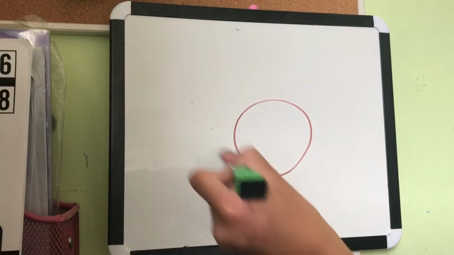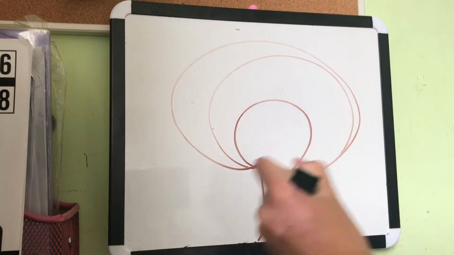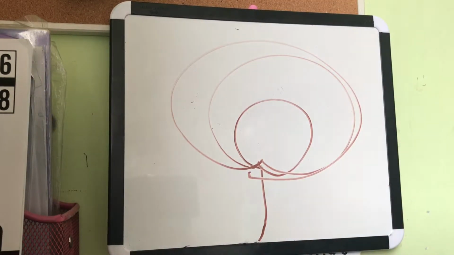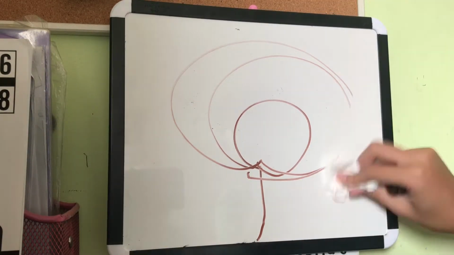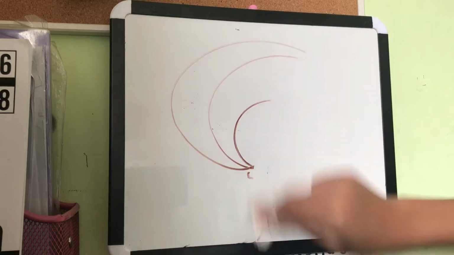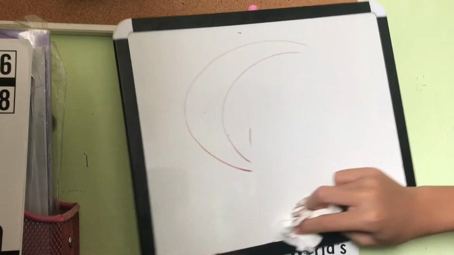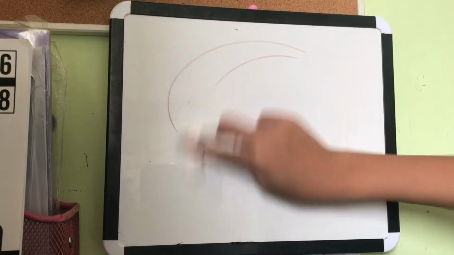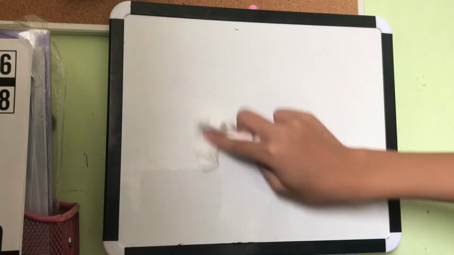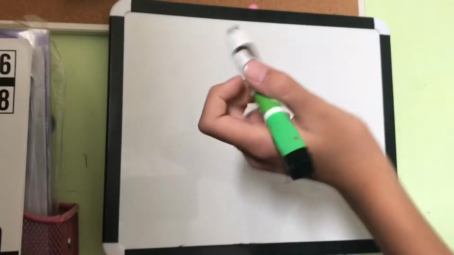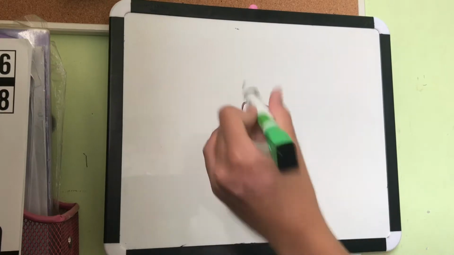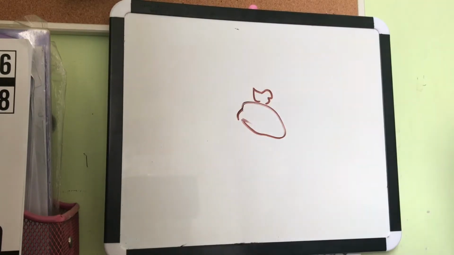It will start to swell bigger. So once that happens, this big thing you see here will become a fruit.